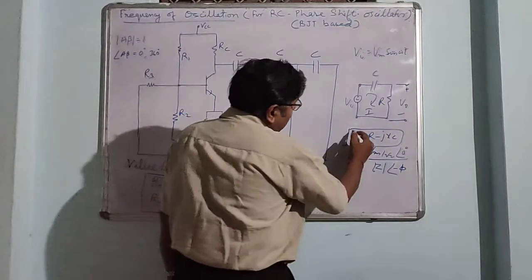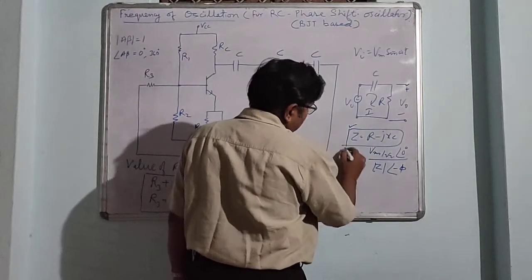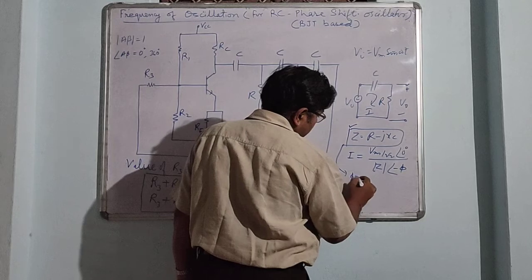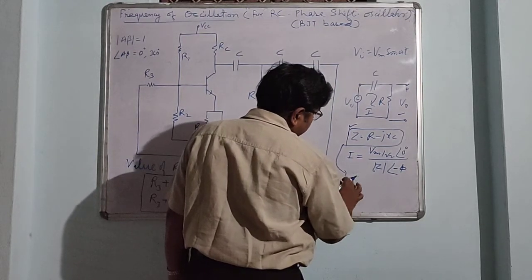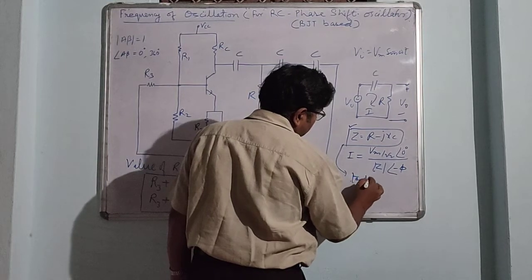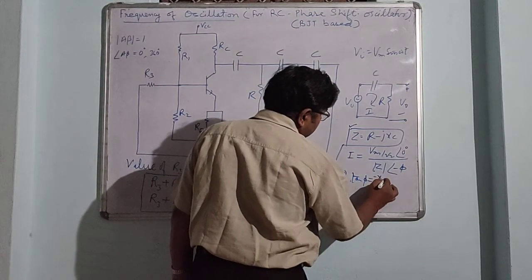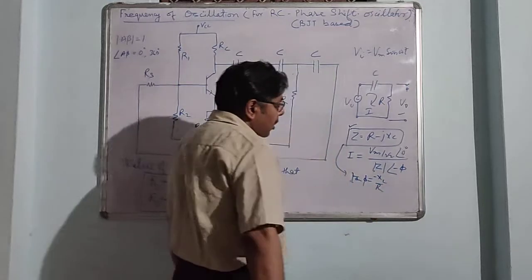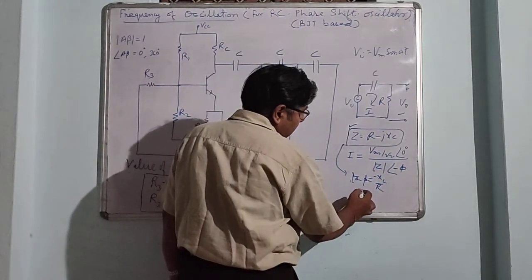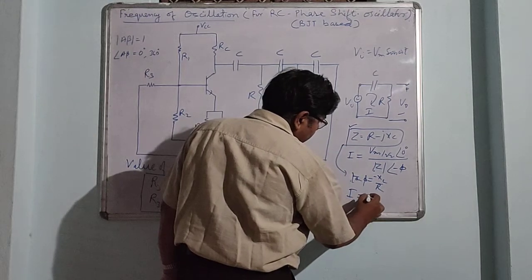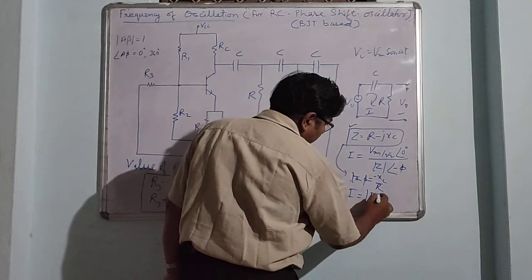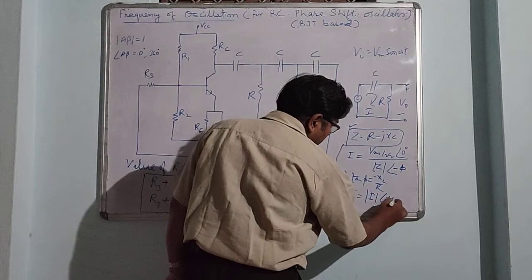Suppose the phase of this is phi, then tan phi is given by minus Xc upon R. So phi is a negative number. So we can write I as the magnitude of I with a positive phase.